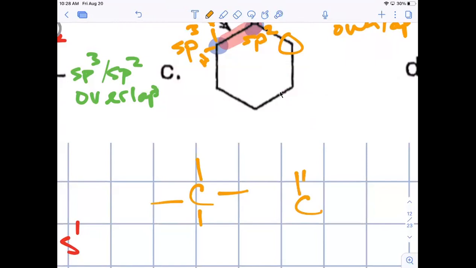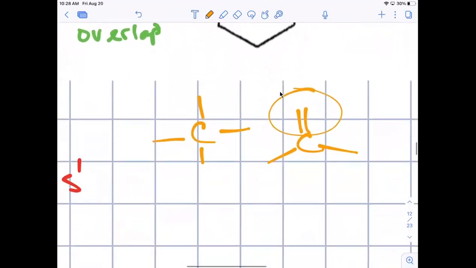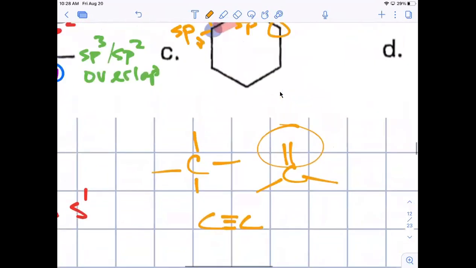If I have a carbon like this, it has a double bond to it and then 2 sigma bonds, or 3 because the double bond is made up of a sigma and a pi. But unless you see a multiple bond, like a triple bond or a double bond, it's assumed that all those bonds are sigma bonds. Okay, thank you.